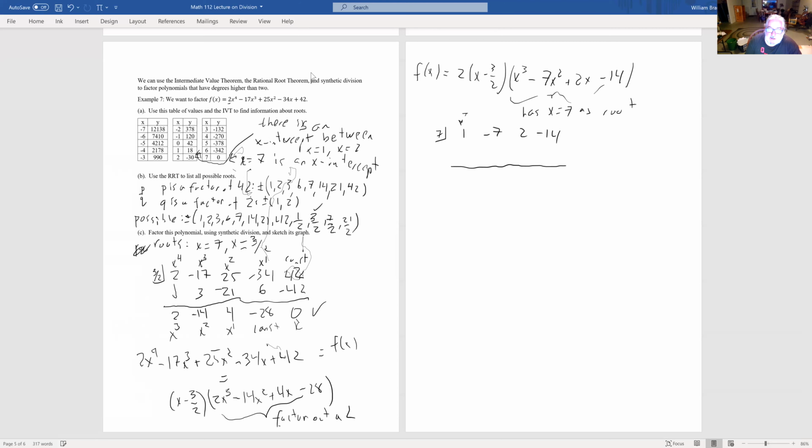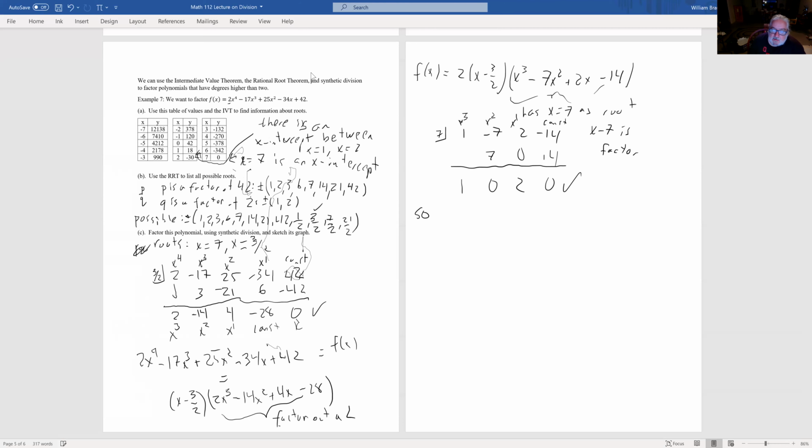That's my x cubed column, my x squared column, my x to the 1st column, my constant column. Pull down the 1. 7 times 1 is 7. Add, we get 0. 7 times 0 is 0. Add, we get 2. 7 times 2 is 14. Add, we get 0. Great. That means x minus 7 is a factor, because if x equals 7 is a root, x minus 7 is a factor.